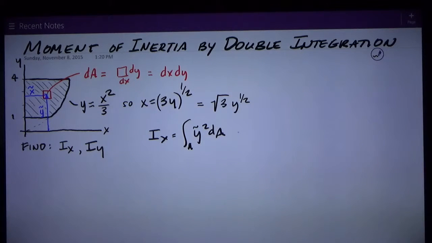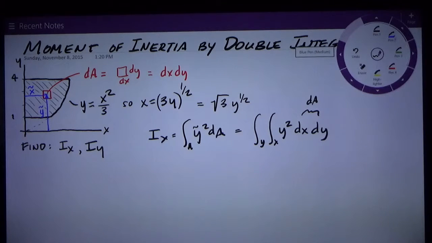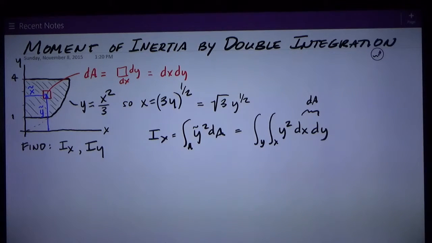So we're going to say this is equal to the integral with respect to y, integral with respect to x on the inside, of y squared dx dy. That's because dA is dx dy, so we're separating the integrals out. Because we're using a y-axis boundary, we do this integral first: the part inside is with respect to dx.